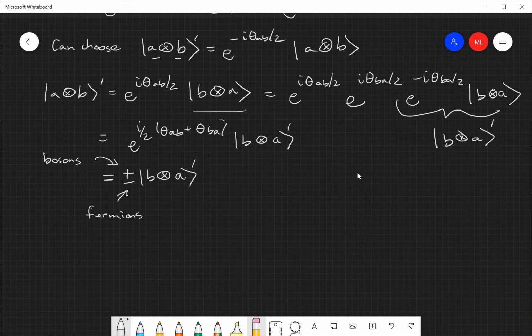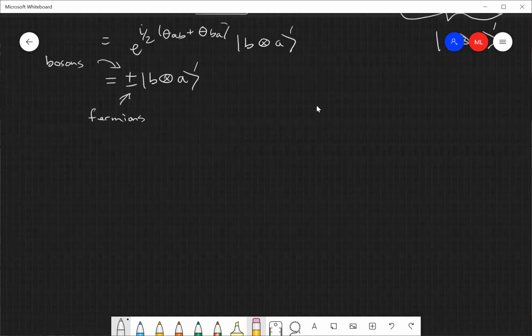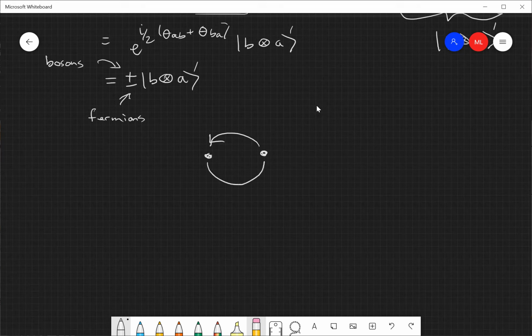And it's true, if you want to do this more formally, you would have to have a better description of what you mean by exchanging A and B. You would have to think about the actual operation that would take you from this state to the one where the particles get exchanged. A simple way to think about it is you have your two particles, and if you want to exchange them, you could literally just rotate them around each other.